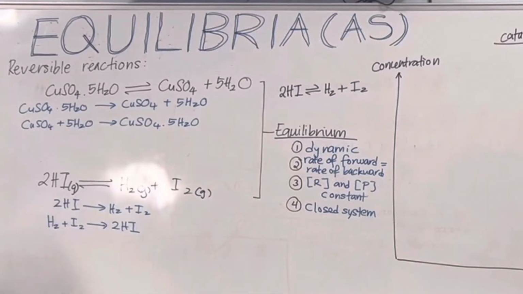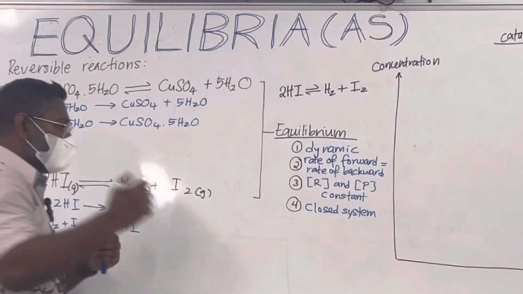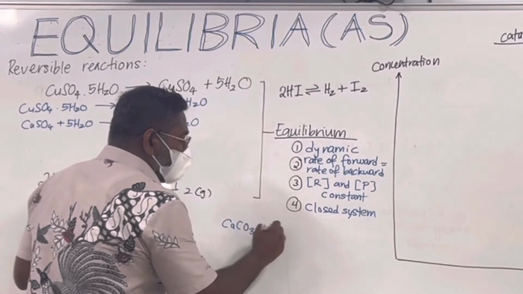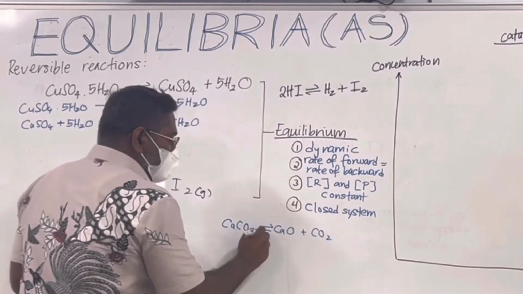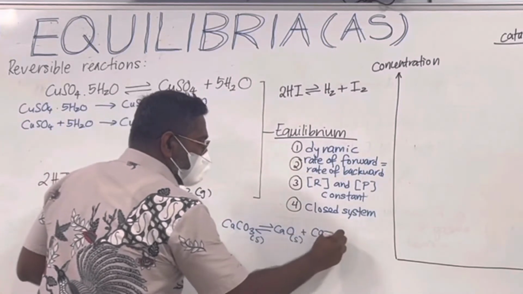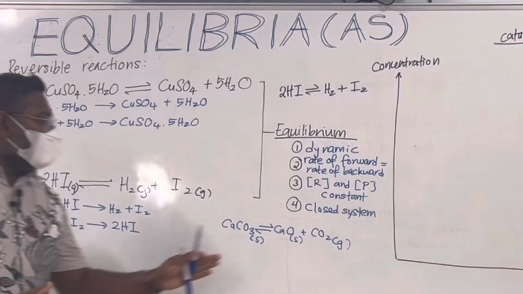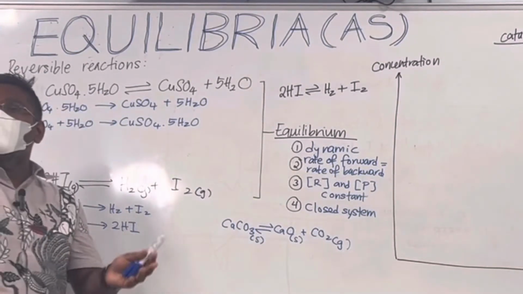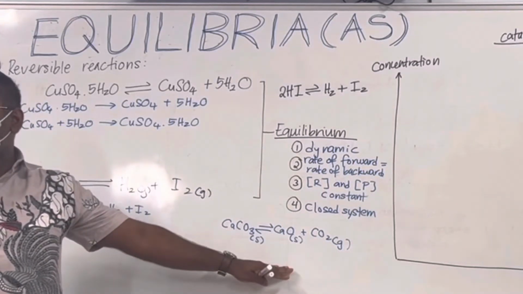Now, what happens if you do some changes? I give you one example. If you have calcium carbonate, which changes into calcium oxide plus carbon dioxide. This is solid, this is solid, this is gas. Let's say you put it in a closed system. Nothing goes out, nothing goes in. They will reach a dynamic equilibrium.